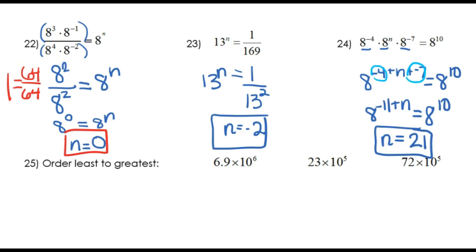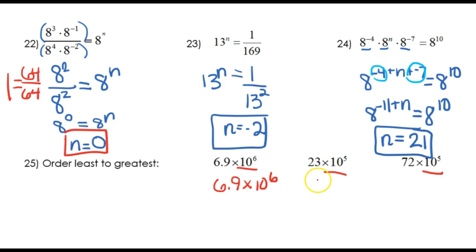Alright, number 25. Order from least to greatest. To do this, we have scientific notation here. We need to make sure that all of our 10 to the powers are going to be the same so that we compare apples to apples. So let's change everything to 10 to the 6th. 6.9 times 10 to the 6th is already in the 10 to the 6th power. 23 times 10 to the 5th power.